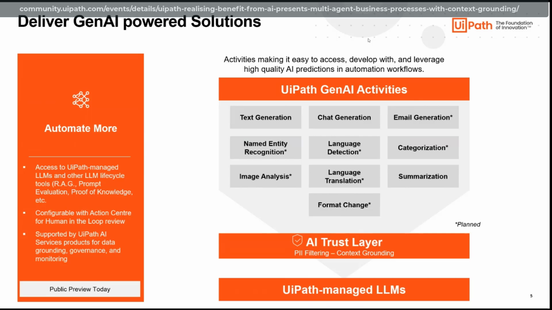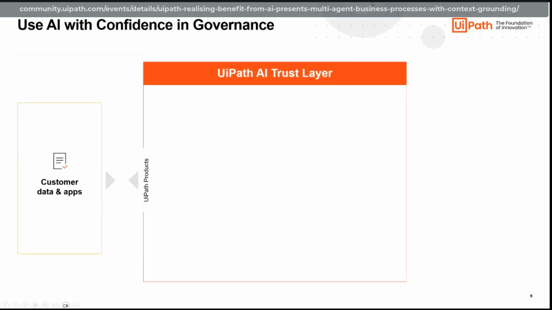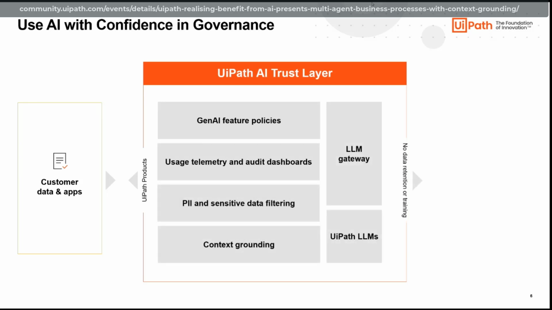So, for example, maybe for some reason somebody's connected to the public version of OpenAI's ChatGPT. We don't want that. We need to use a private version, maybe sitting on Azure, that keeps all of our data private. And so the AI trust layer would be able to pick that up and warn somebody that the data was being used in maybe not the best way. Again, we can have another session on the AI trust layer, what it's about, and how it works.